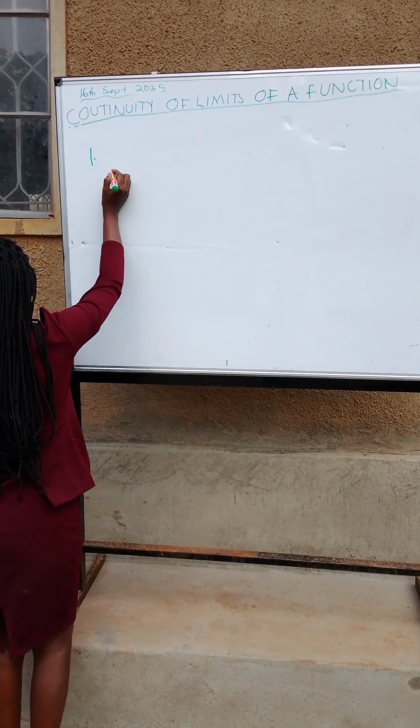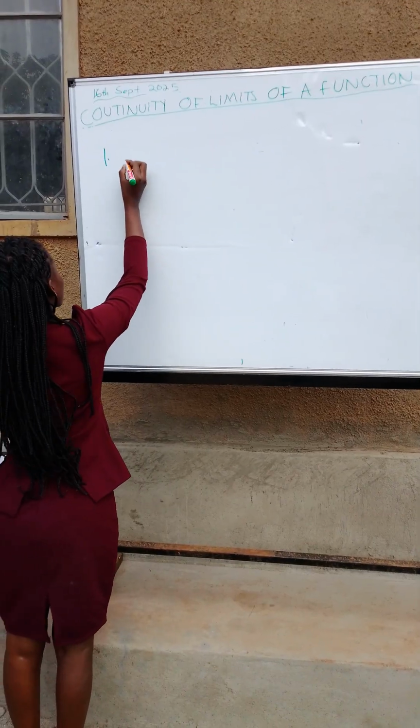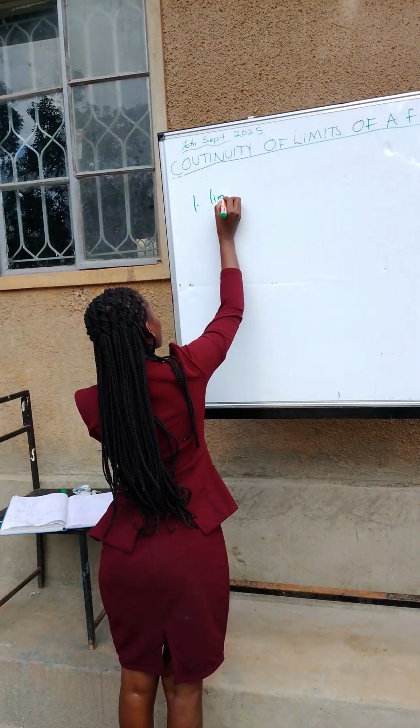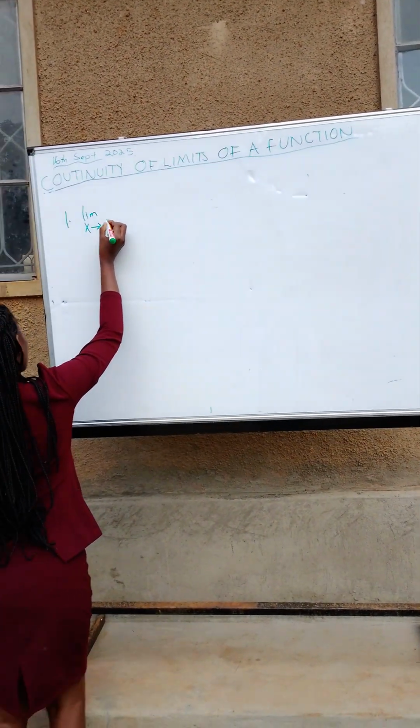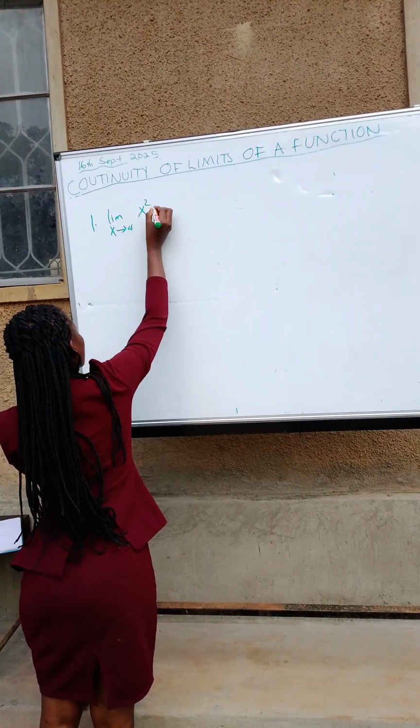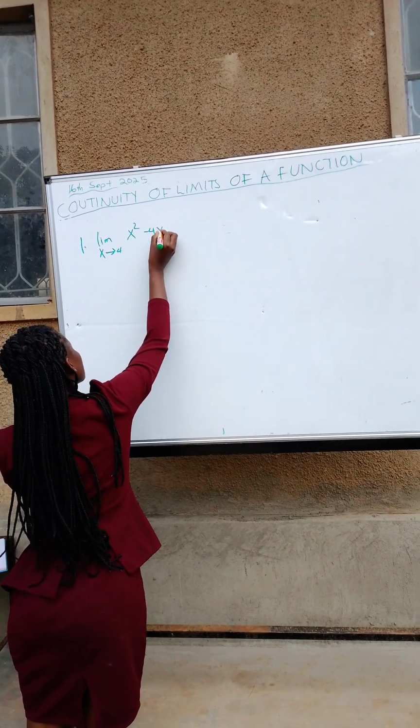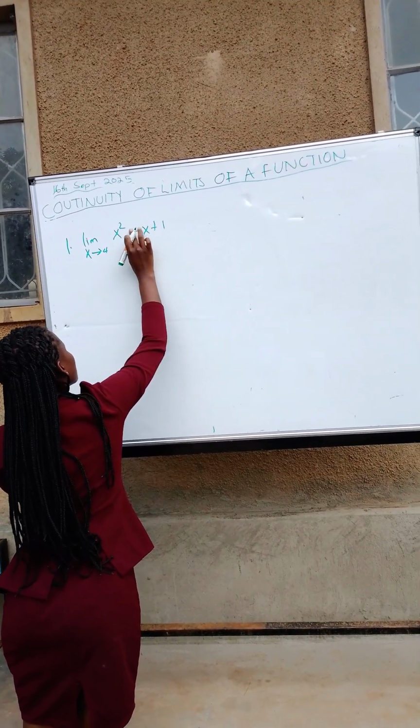Number 1: the limit as x tends to 4 of x squared minus 4x plus 1.